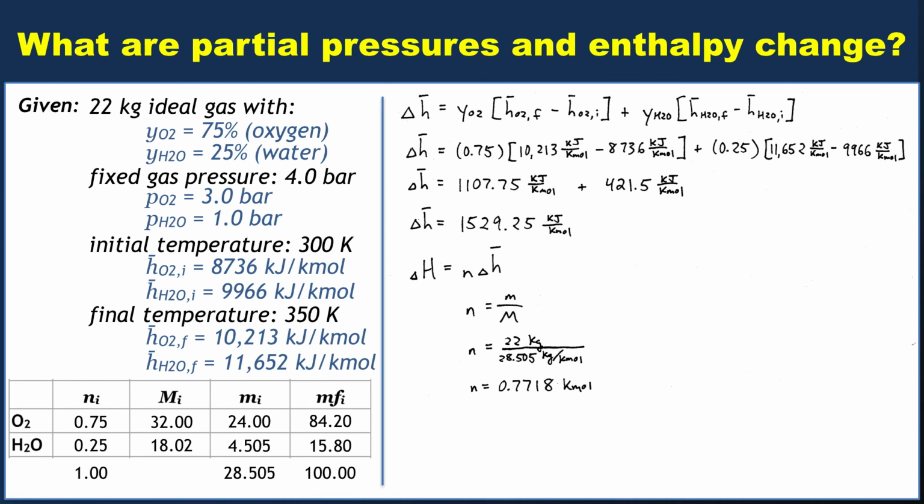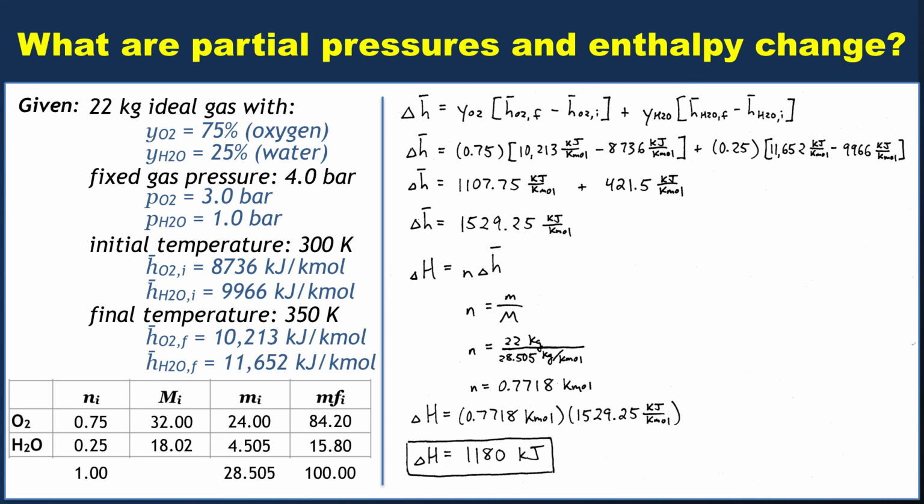We've got 0.7718 kilomoles. So now if we want to figure out delta big H, we just need to multiply 0.7718 times the value we just found for delta H bar. So we do that, and now we get our final answer that delta big H is 1180 kilojoules. So that's the total change in enthalpy associated with taking this mixture from 300 Kelvin to 350 Kelvin.